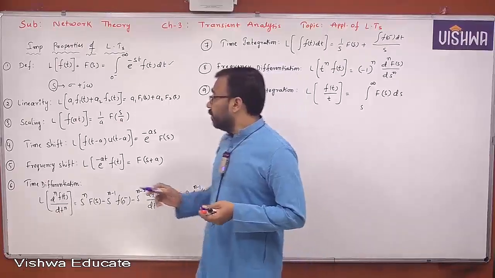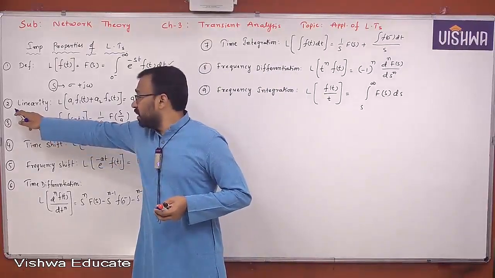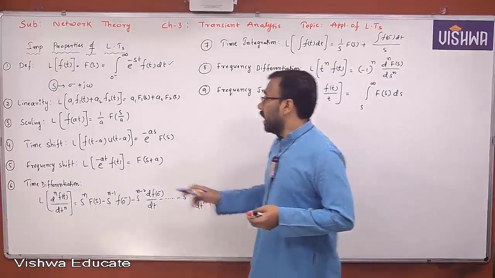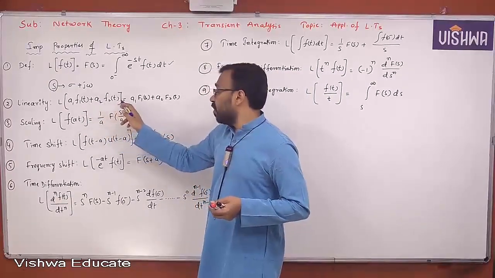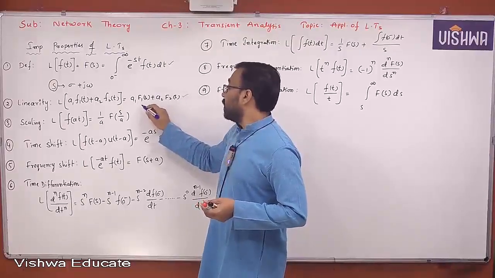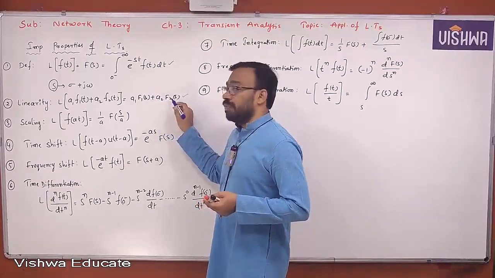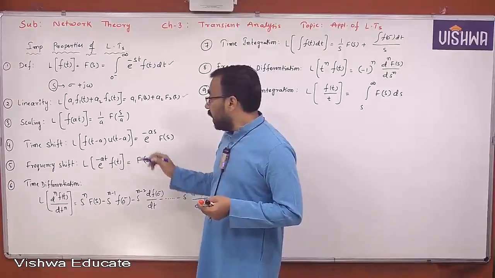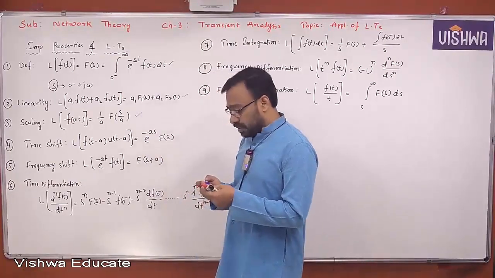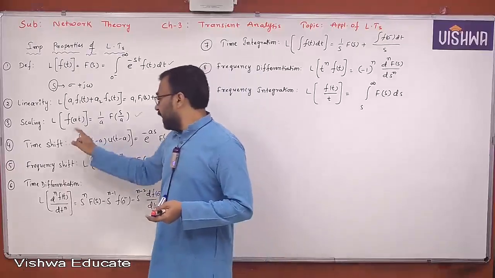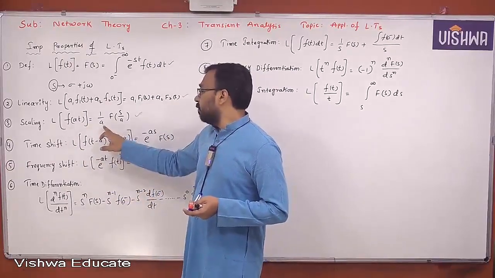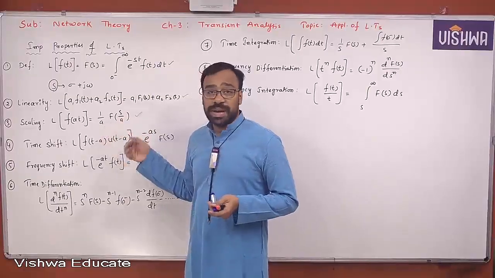Next is linearity. The Laplace transformation of a1 f1 of t plus a2 f2 of t gives a1 F1 of s plus a2 F2 of s. And scaling: if we have f of at, where t is multiplied with a, then the result becomes 1 by a F of s by a.